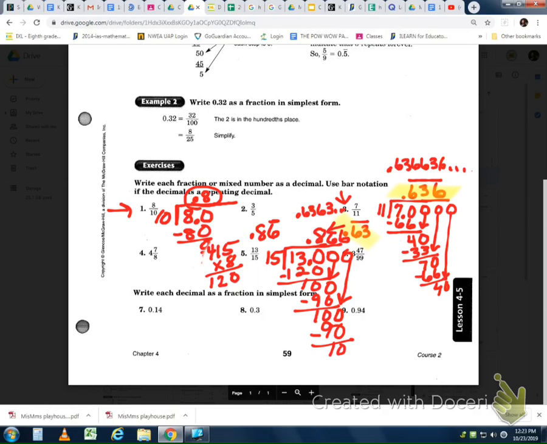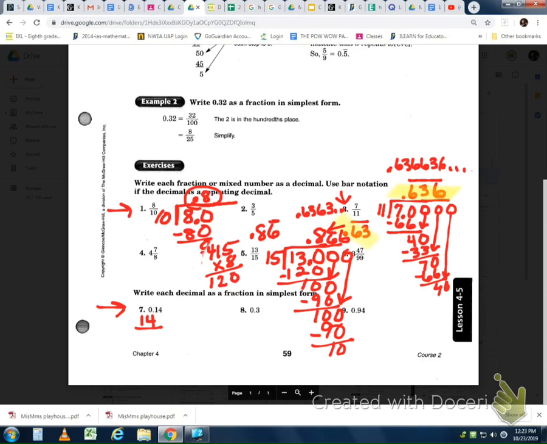Okay, questions about that? Now we're going to write the decimals as fractions in simplest form. Here's number 7, 0.14. Somebody please read that without saying the word point. 14, 14 what? 14 tenths.